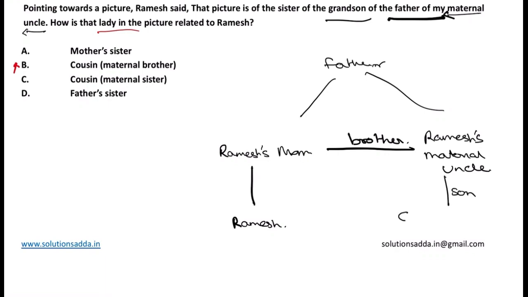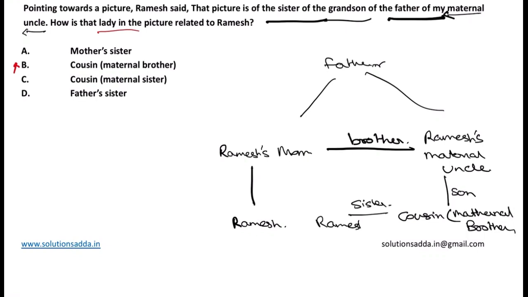He will be cousin or maternal brother of Ramesh. Sister of the grandson would be Ramesh's maternal sister. Hence, correct answer for this question is option C, cousin, that is maternal sister.